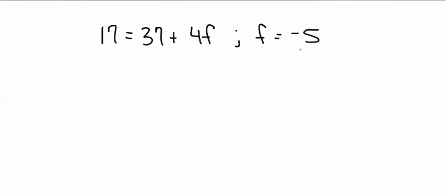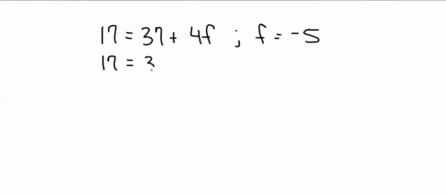Tell whether the given number is a solution of each equation. What are they asking you to do there? They're asking you if -5 makes this equation true, aren't they? So how could you find out if -5 makes that equation true? Plug it in. So you would take 17.